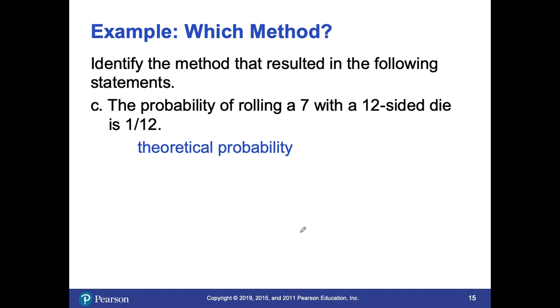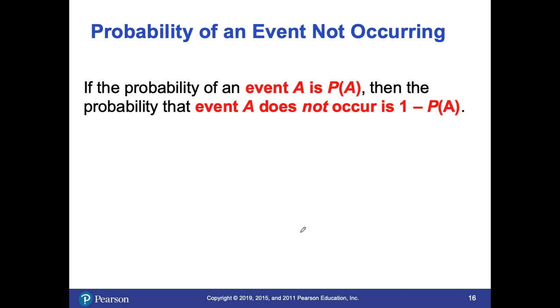Now, just as important as the probability of an event occurring is the probability of an event not occurring. The way you calculate that is you take this formula right here. It's actually right in front of us. It's a very subtle formula, but a very important one.